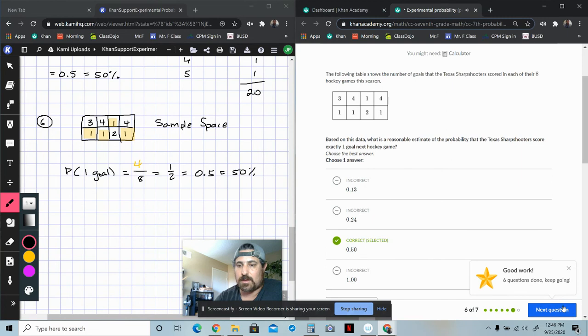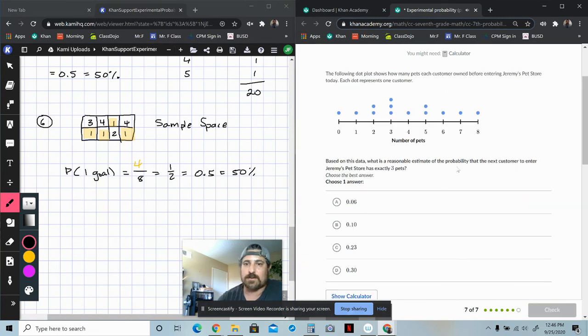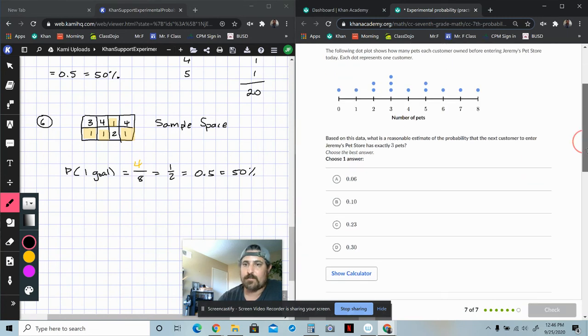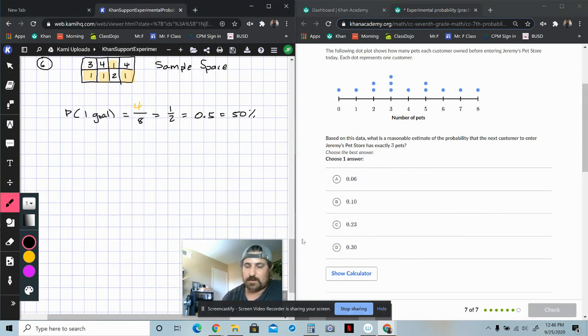And last but not least, we've got another dot plot. So let's do the dot plot. Let's scroll this down and record the dot plot information for our sample space here. So last one, which I'm very excited for because this is taking me a long time to go through and explain this process. Okay, so number of pets, right?